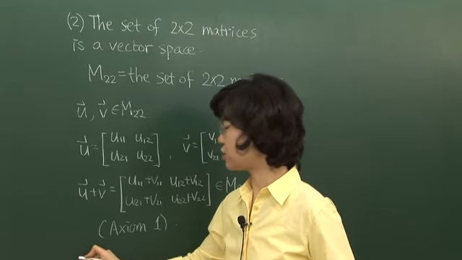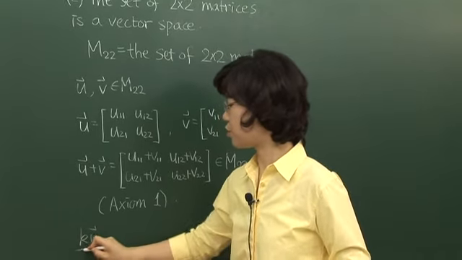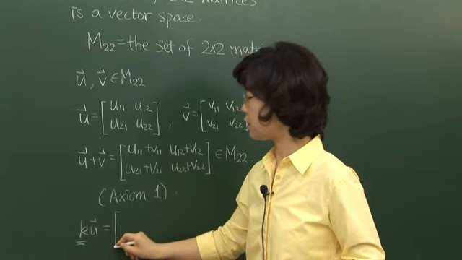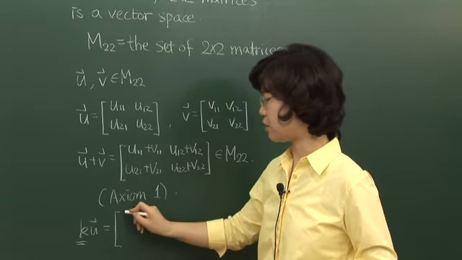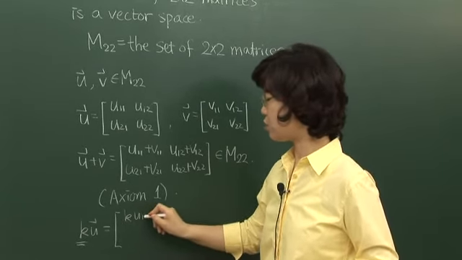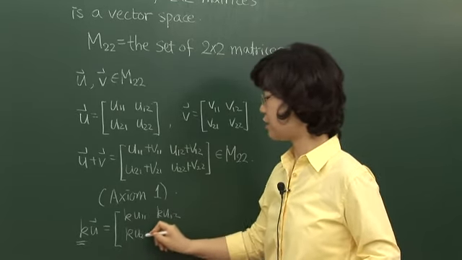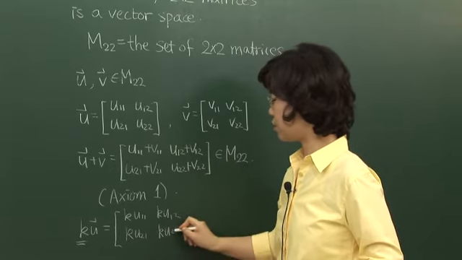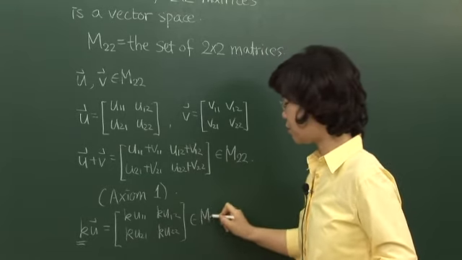Now let's choose k a real number, then k times U. For k a real number, we have the usual scalar multiplication defined on matrices. So that's kU11, kU12, kU21, and kU22. As you can see, this is another 2 by 2 matrix.